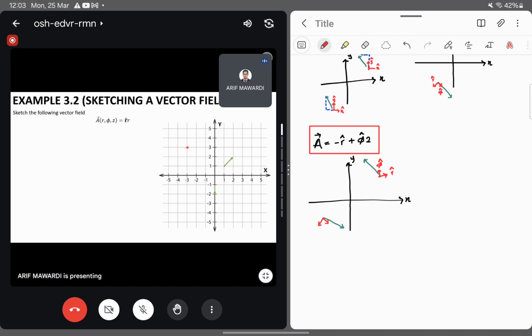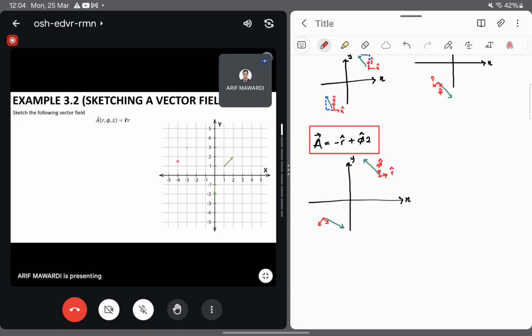Now maybe we can have some interaction here. If I want to draw the vector at this point and at this point, what's the difference? One is the direction. Should the magnitude be different? Should the length of the vector at this point be different compared to the vector at this point?